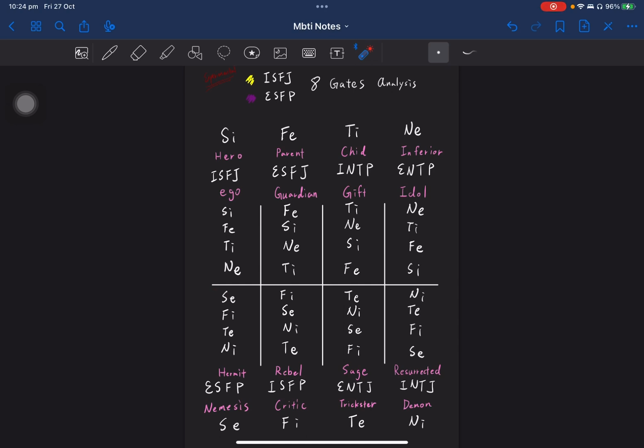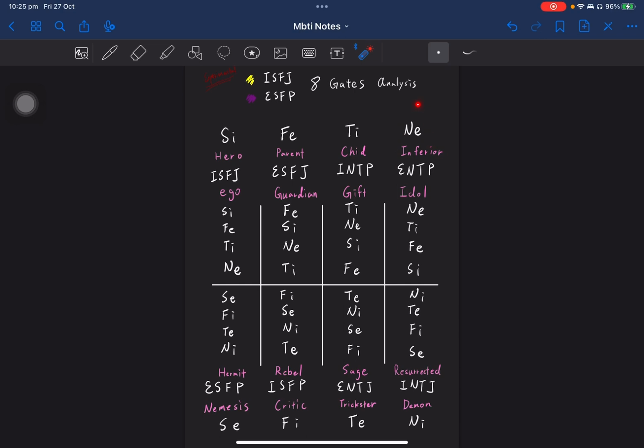I didn't call it the shadow here because I think anything outside of the ego should be considered a shadow. So everything here is the shadow if you are in your ego. So ego, shadow.